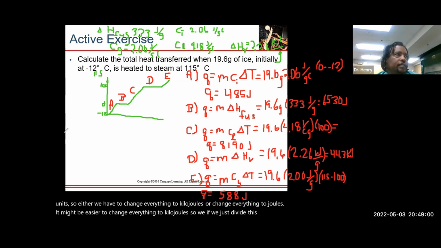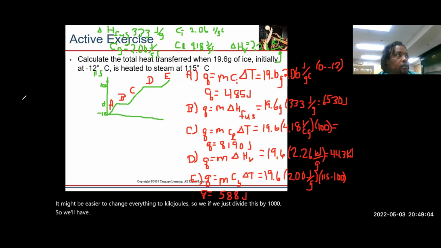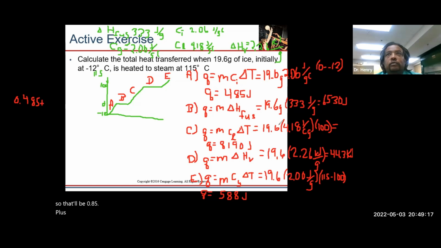So if we divide 485 by 1,000, that'll be 0.485 plus 6.530 plus 8.190 plus 44.3 plus 0.588.